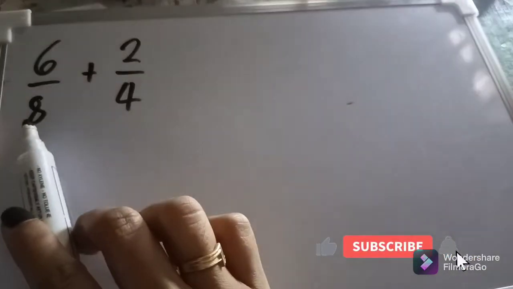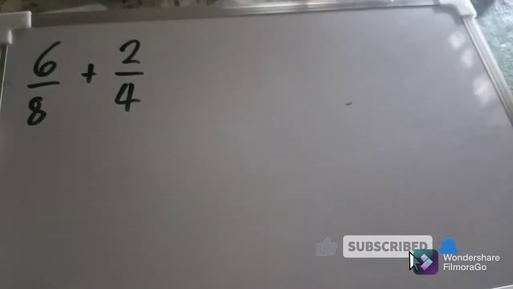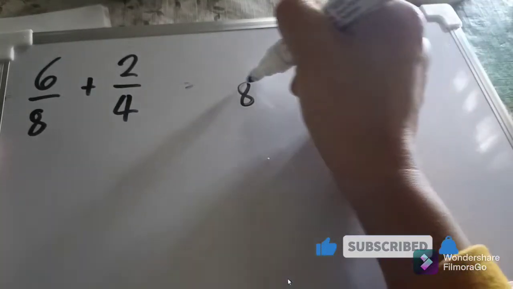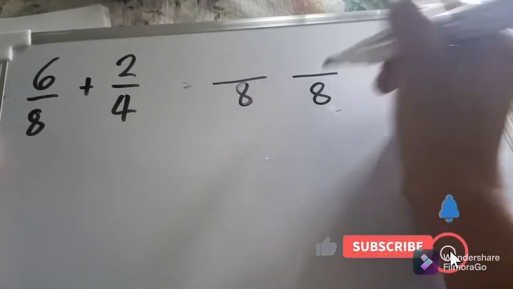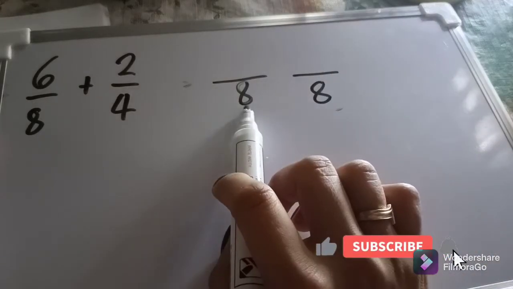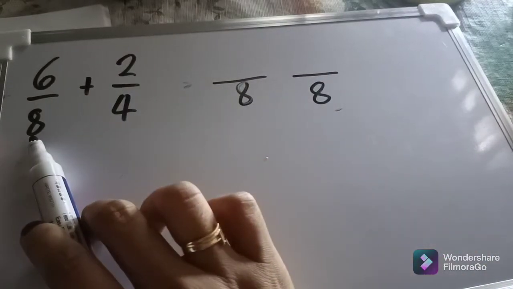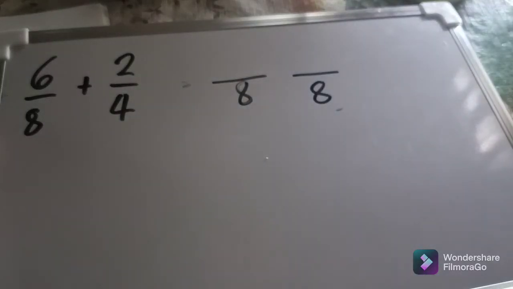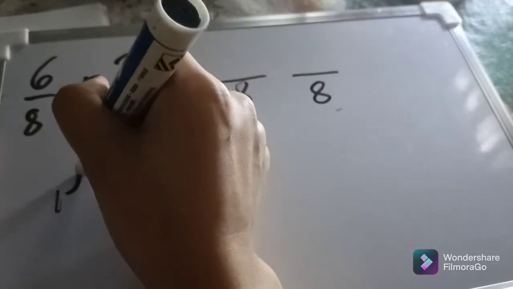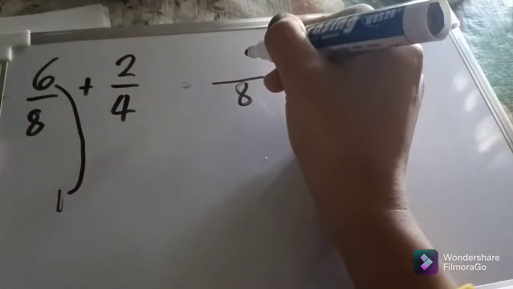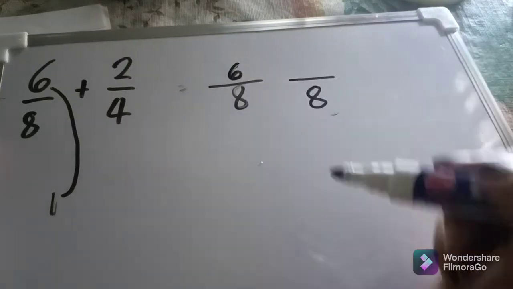Think of a number that can be divided by 8 and can be divided by 4. 8. Okay, very good. So we have here 8 and also 8. Okay, now what are we going to do next? The new denominator should be divided by the old denominator. So 8 divided by 8? 1. 1. And then we're gonna multiply this with the numerator. 1 times 6. 6. Okay, so we have to write it down here.